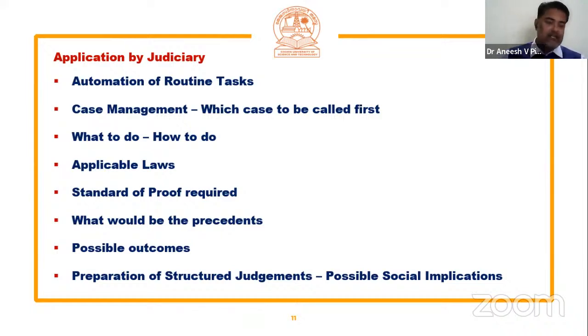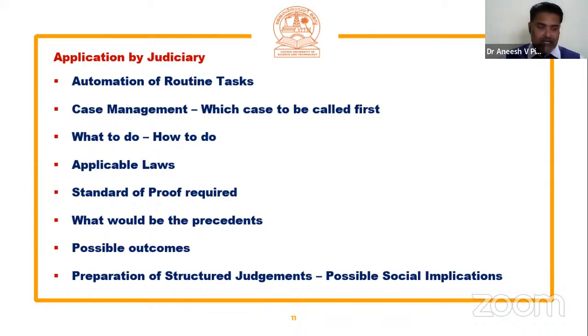Now, suppose a judge is going to sit making a judgment, then he may need to verify a number of documents. A large number of documents might have been submitted in support of the claim and the defense also. And there may be witness depositions also, or some commission reports also. So the judge is supposed to decide or render the judgment by reading all these documents, by looking into all these documents.